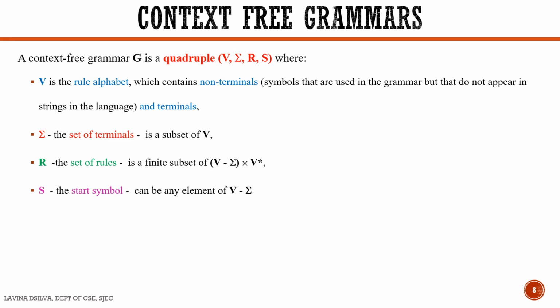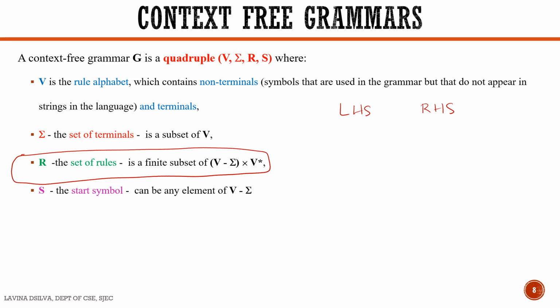Now the third component of the quadruple, that is R, is the component which distinguishes context-free grammars from the other types of grammars. We know that any rule has a left hand side and a right hand side.